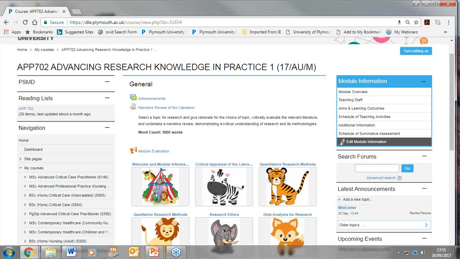Okay, so inclusion and exclusion criteria for research is quite a difficult question to answer. I would expect there to be research articles that you are critically evaluating. We're going to talk in a minute about what is research and research methodologies, and cover a little bit of information about that. But in all of your topic areas, I would expect there to be some literature reviews and some systematic reviews.